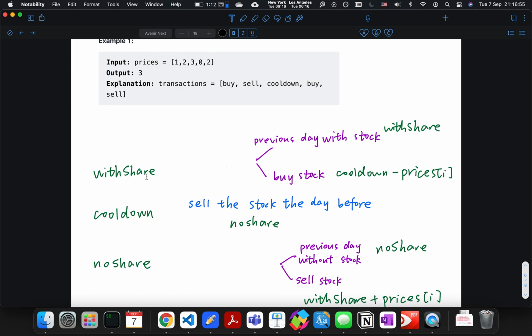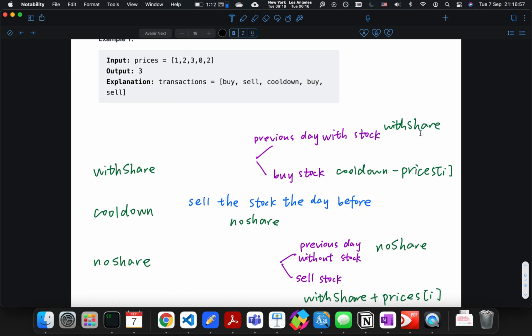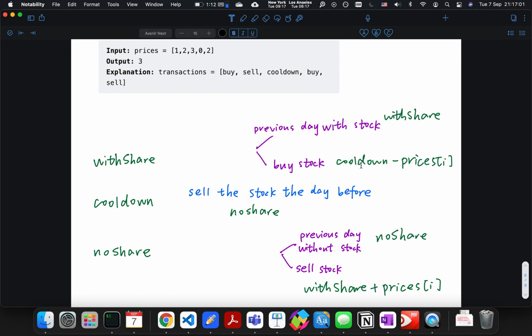So if we have share, then the previous day we can be the same with share, or previous day cooldown, because there must be some cooldown so that we can buy a new share. So cooldown minus today's price. Or if today we are at cooldown, then we have 2 possibilities.